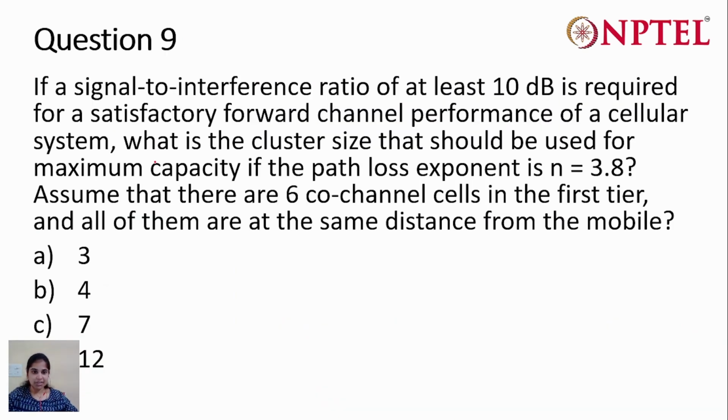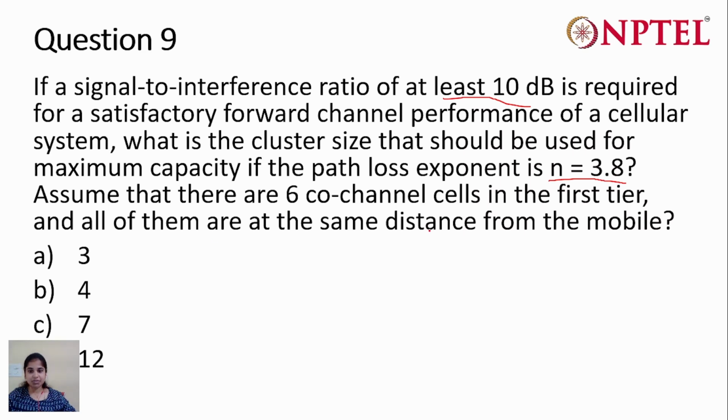Let's move on to the next question. If a signal to interference ratio of at least 10 dB is required for a satisfactory forward channel performance of a cellular system, what is the cluster size that is to be used for maximum capacity if the path loss exponent is equal to 3.8?